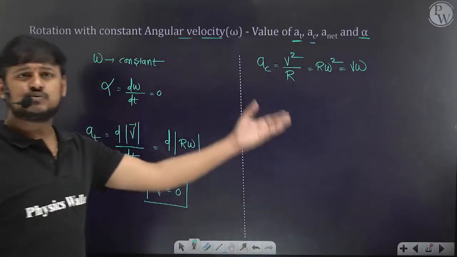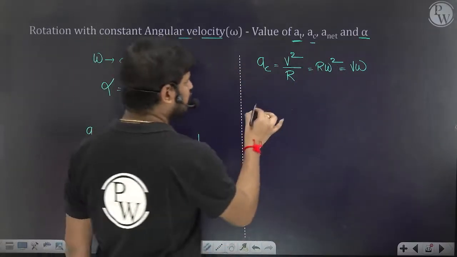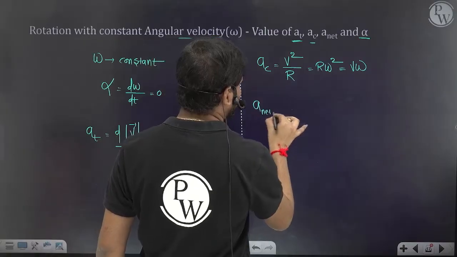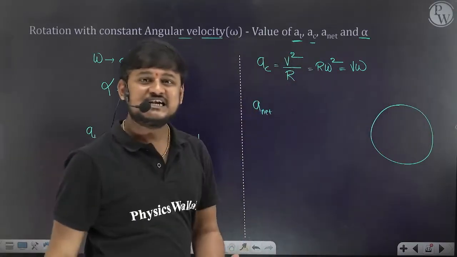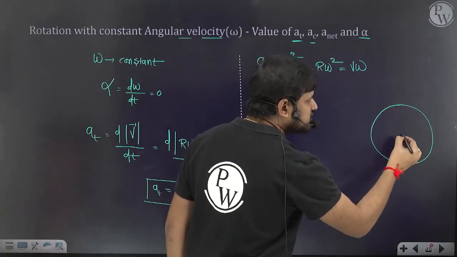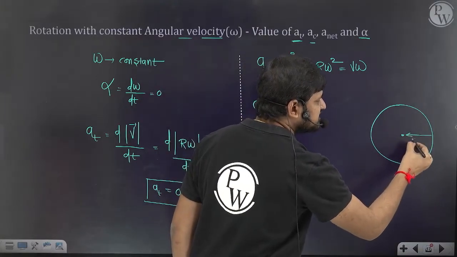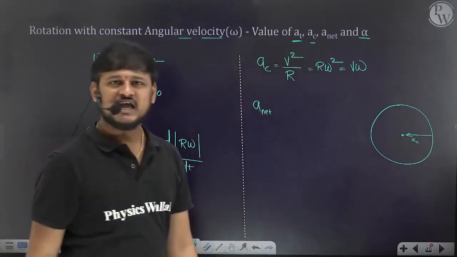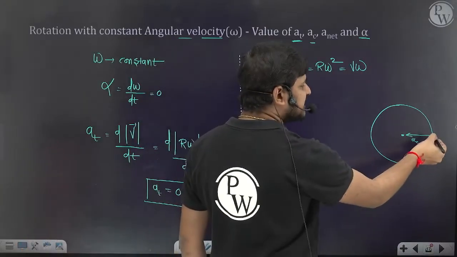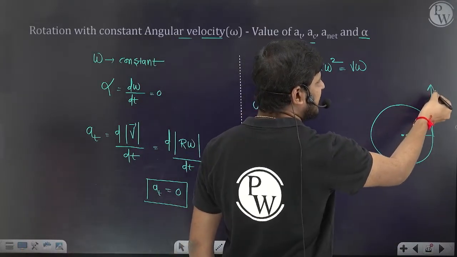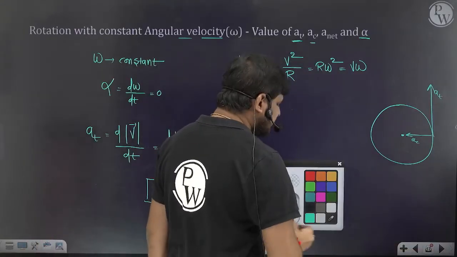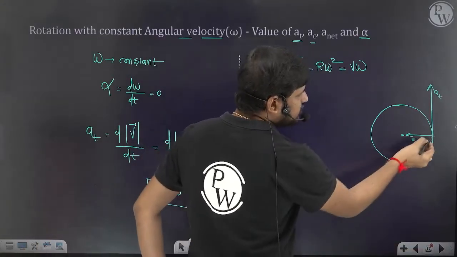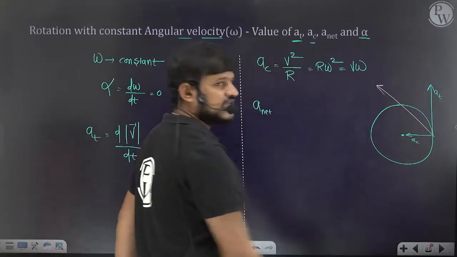Now let's write what is A net. If the body is moving in a circular path like this, the centripetal acceleration AC will be towards the center, and the tangential acceleration AT will be along the tangent, like this, guys. The net acceleration of the body will be the resultant of these two, AC and AT.